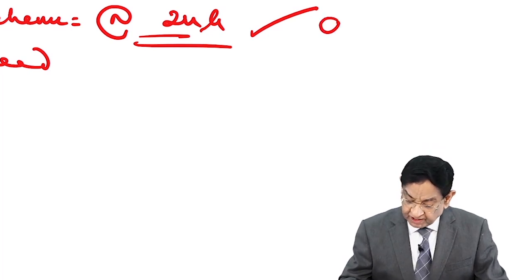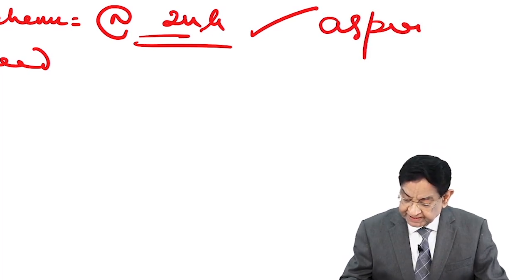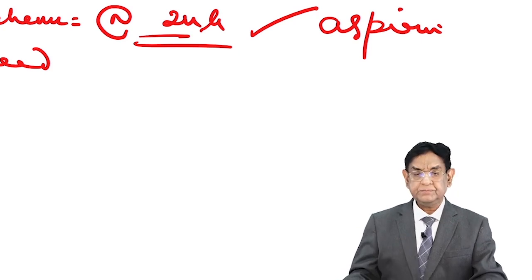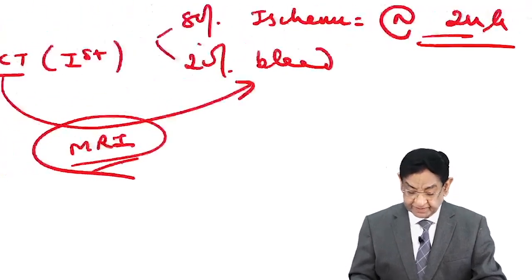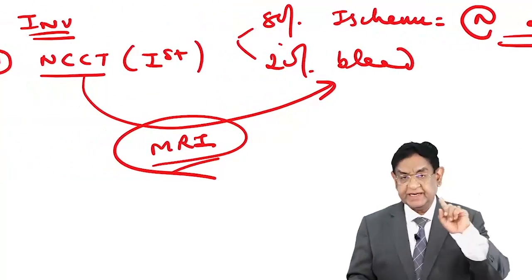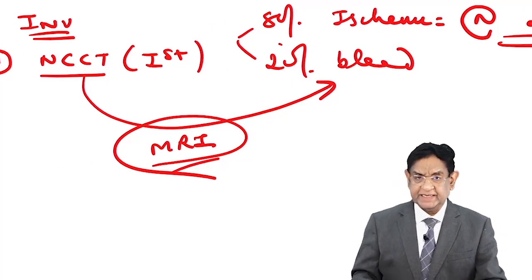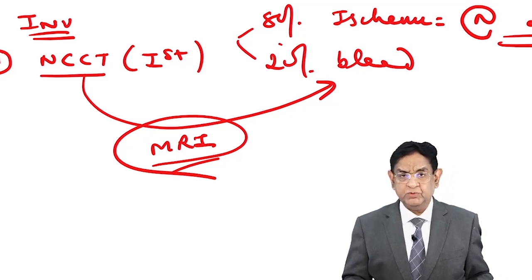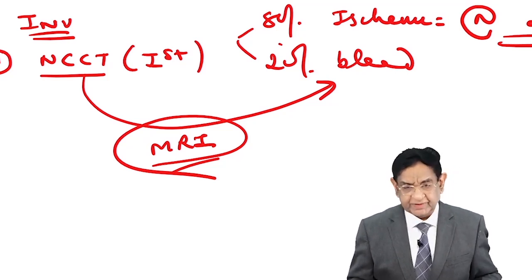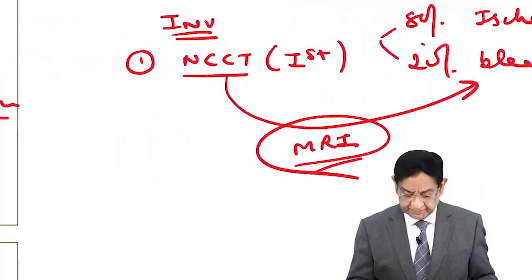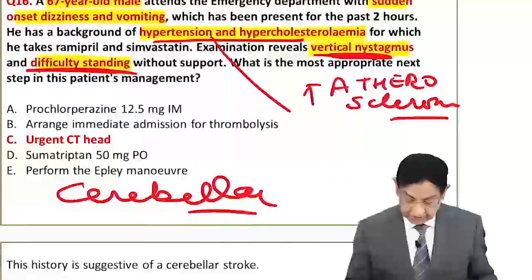We can start aspirin immediately. But if the patient has a hemorrhage, then we can never start aspirin. Point to be noted, speaking a second time, we do CT scan to rule out hemorrhage so that we can treat on the line of ischemia. This is a golden rule.